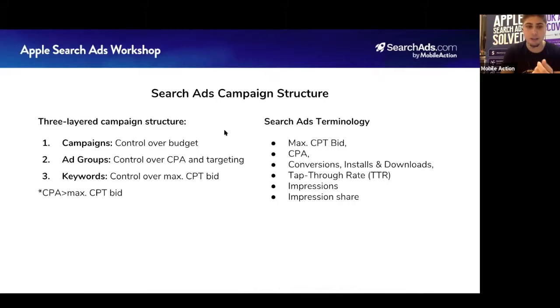One small note here is that the CPA has precedence over the CPT bid. If you set a CPA goal, Apple's algorithm will try to find the best possible installs, so it will try to provide you with more appropriate impressions, and it will have more control than your CPT bid.